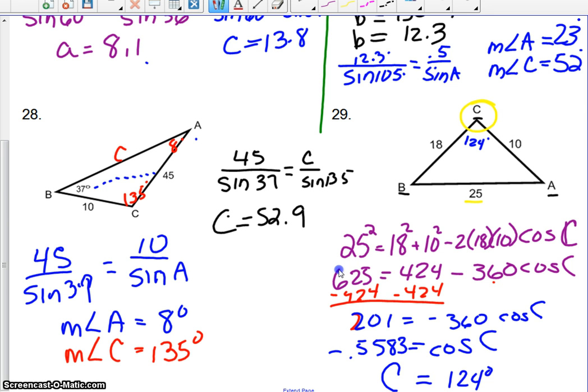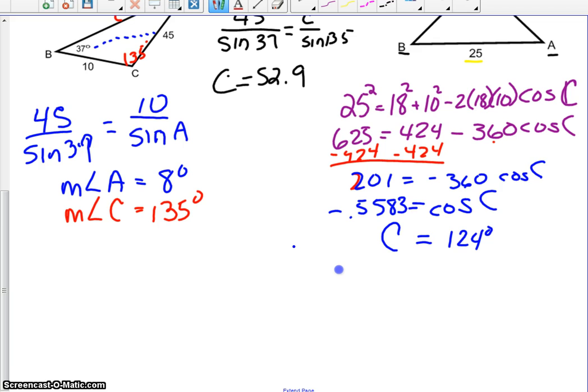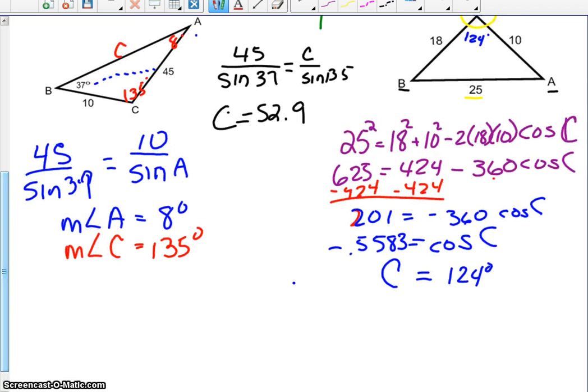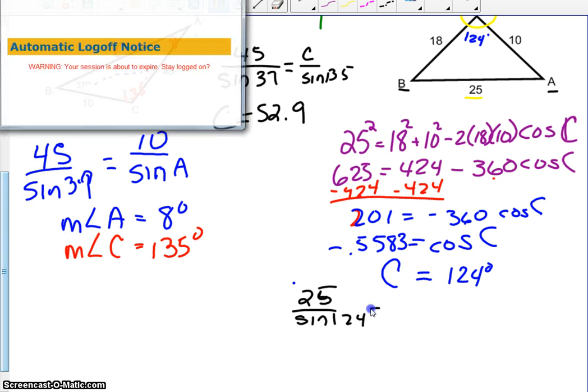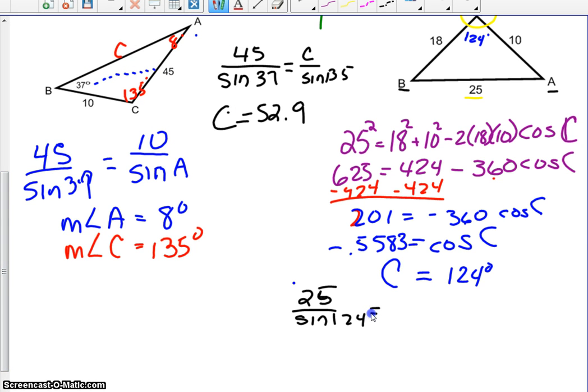Now we have to solve for the other side. Now we can make law of sines work. So now we can say 25 over the sine of 124 equals, let's say, 18 over the sine of A. And again, you're going to have to use sine inverse.